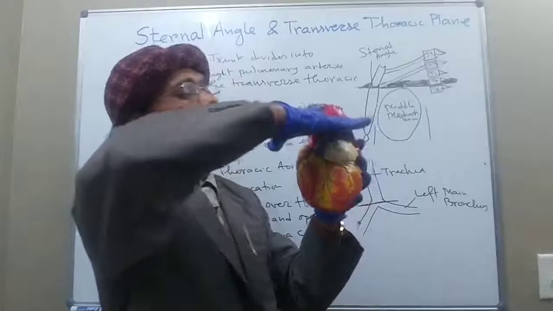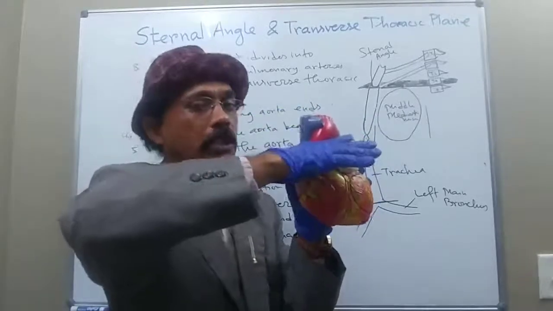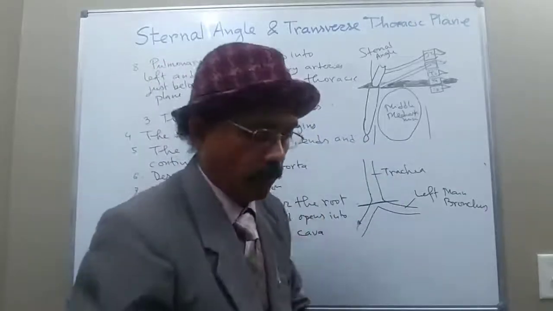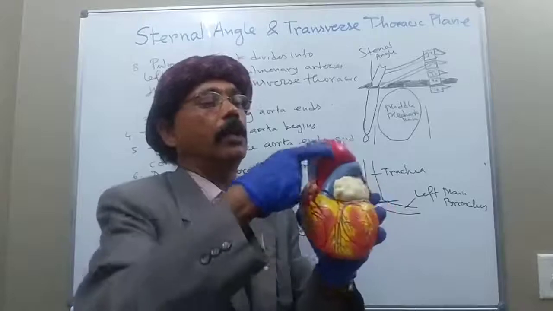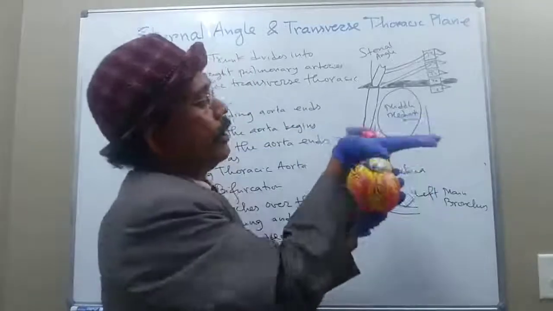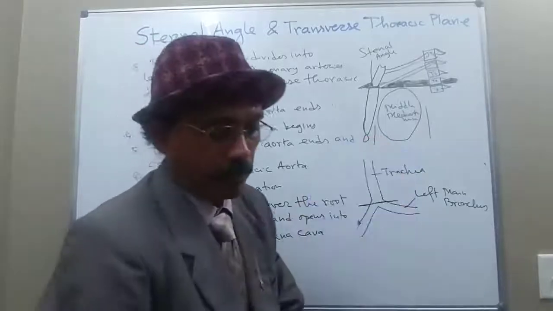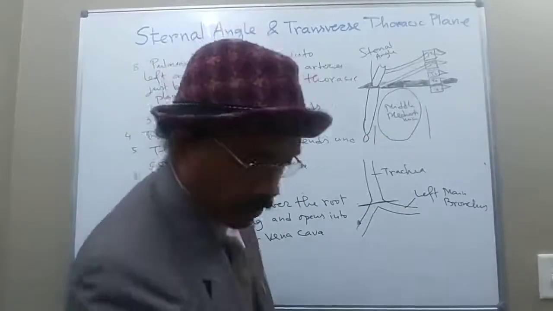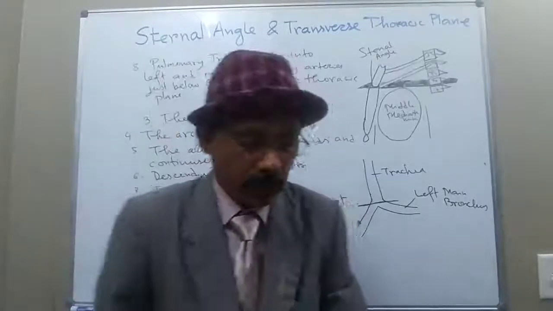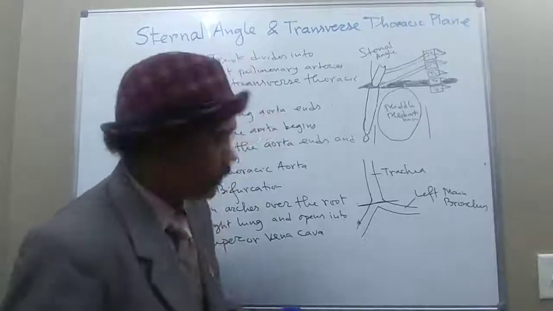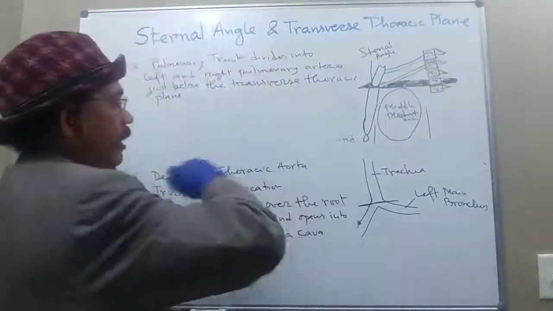Our plane is just going above this bifurcation of the pulmonary trunk. Okay, we got that. So this is the pulmonary trunk, this is the ascending aorta, arch of the aorta. So the plane is here, the transverse thoracic plane. Okay, we got the pulmonary trunk division. Then we'll find out another structure that is also cut at this level.